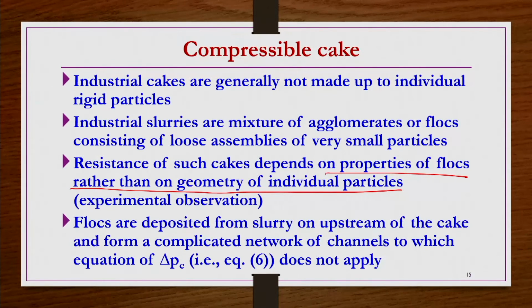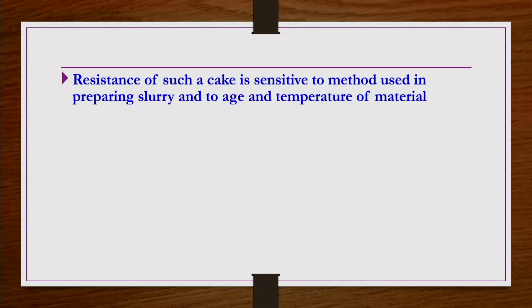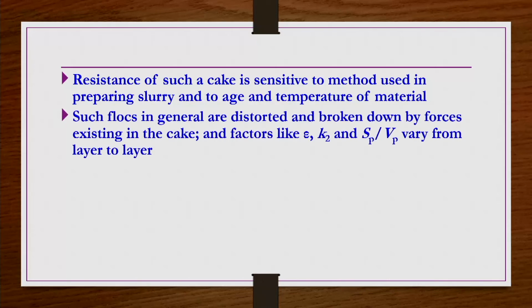Flocs are deposited from a slurry on the upstream of the cake and form a complicated network of channels to which the equation of delta Pc does not apply. However, resistance of such a cake is sensitive to the method used in preparing the slurry, the age of the slurry, and the temperature of the material applied for the required filtration process.